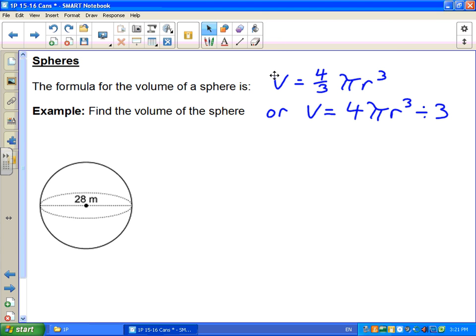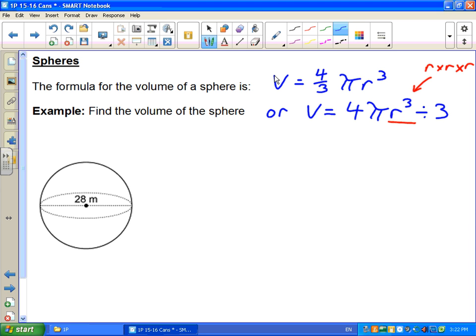And keep in mind that the r cubed means r times r times r. So not r times 3, but r, whatever your radius is, multiplied by itself 3 times.